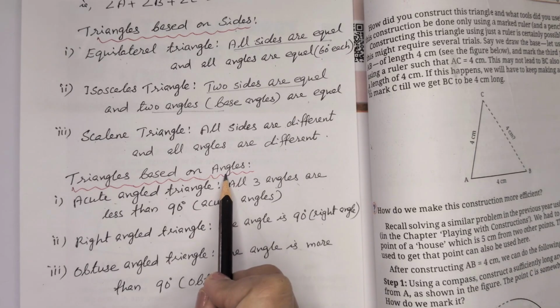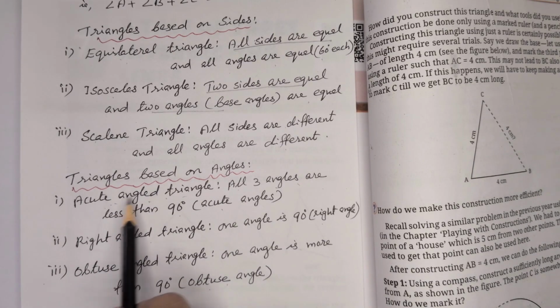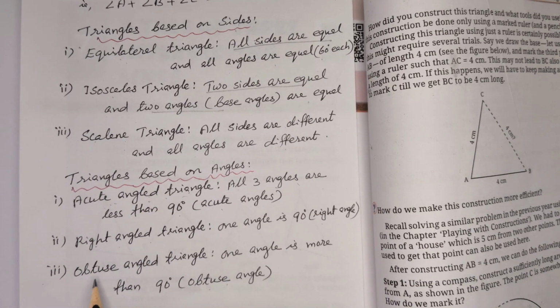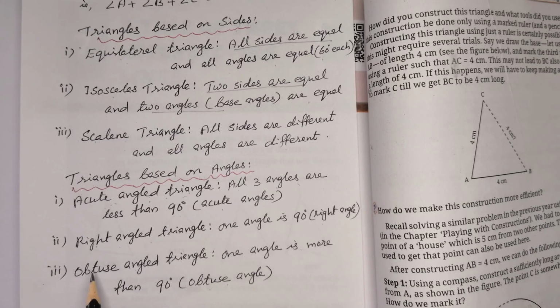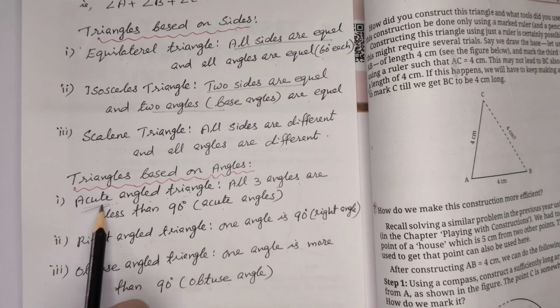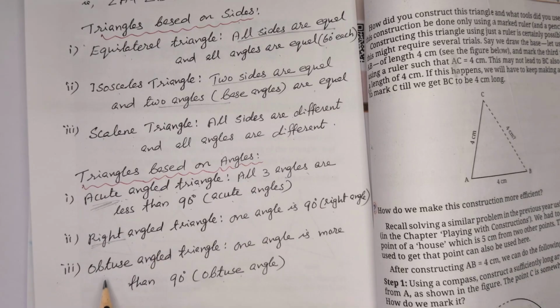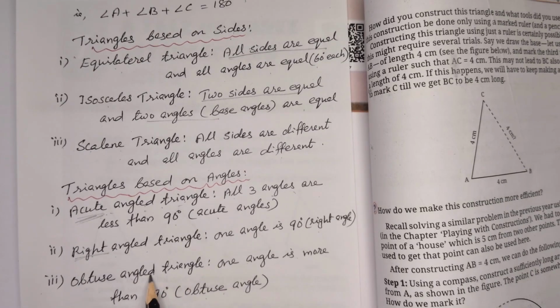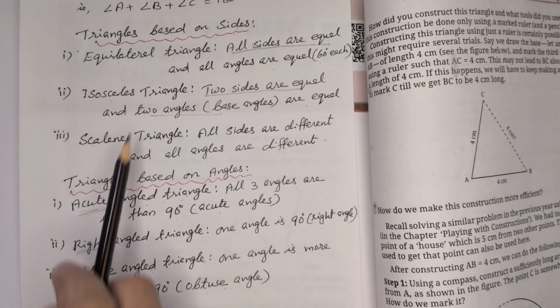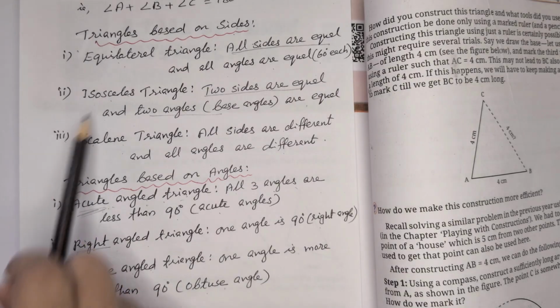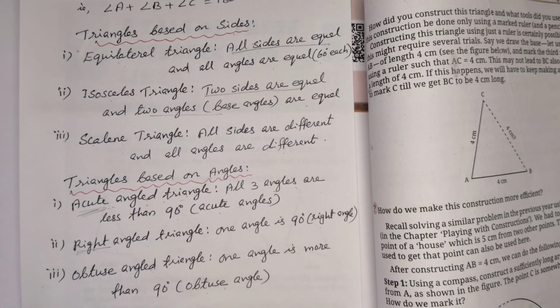So based on angles, three names: acute angle triangle, right angle triangle, obtuse angle triangle. Acute means all three angles less than 90 degrees, right angle means 90 degrees, obtuse angle means more than 90 degrees. Based on sides, three names are there. Based on angles also, three names are there.